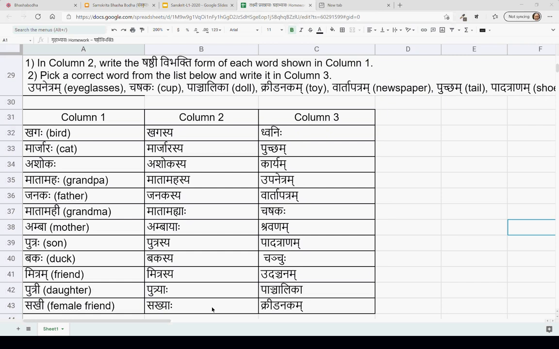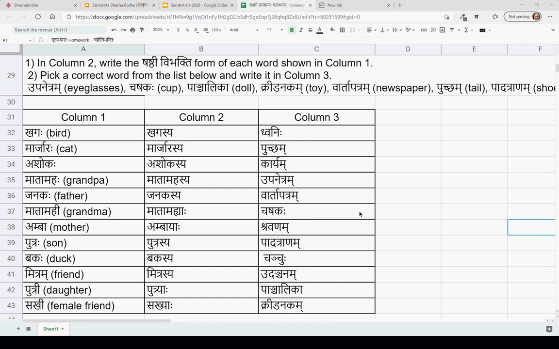Any question here? Have you understood? Hope you understood the meaning of all the words. I mean, Panchalika, which means doll. Is there any root word for it, because Panchalika and Kridanakam could have been the same, right?